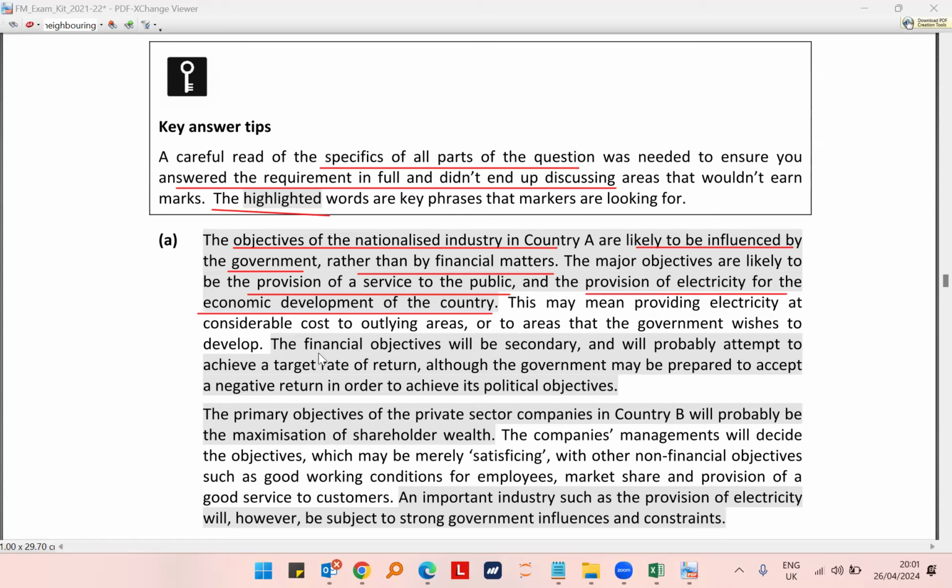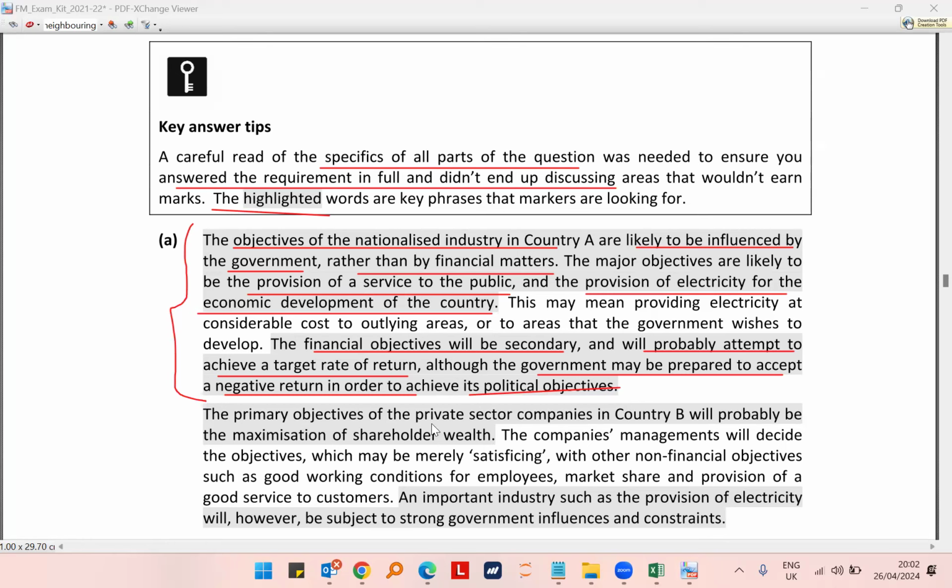Now, the financial objectives, of course, will be there, but they'll be secondary. And usually what happens is that they'll attempt to achieve a target rate of return, although the government may be prepared to accept a negative return if it's able to achieve its political objectives. So that is for the nationalized entity.